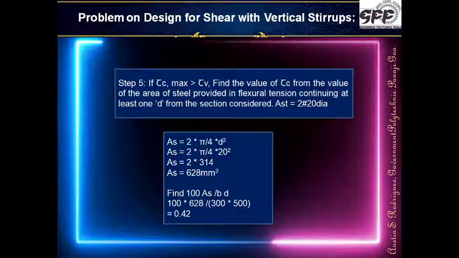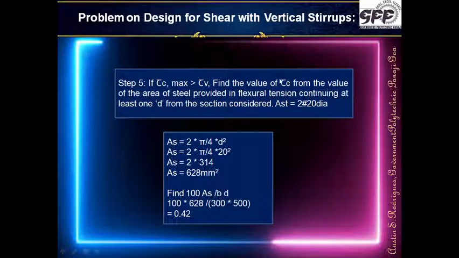When I'm considering the support, only 2 bars of 20 continue into the support. So AST is 2 bars of 20. Please note, though there are 3 bars, only 2 bars are to be considered when we are finding the value of tau C.